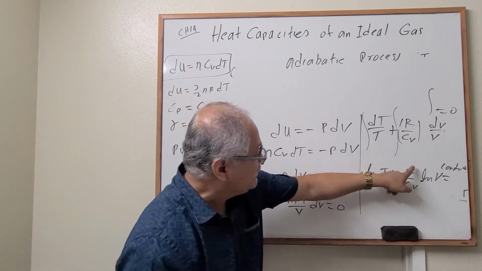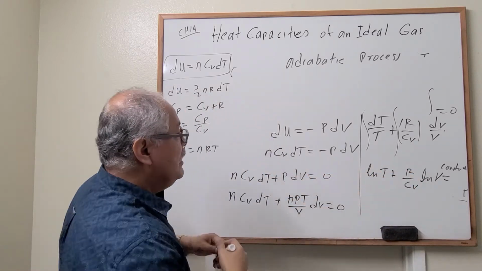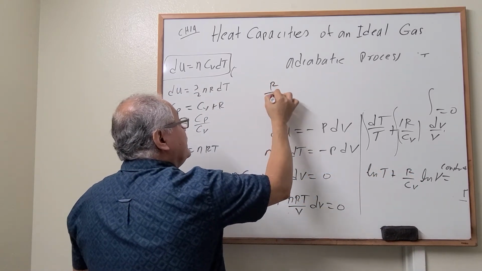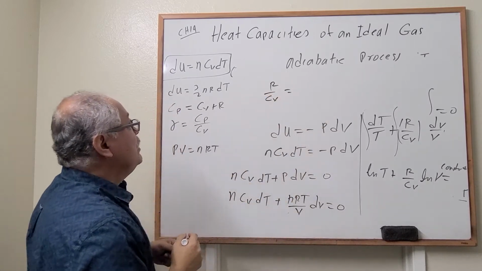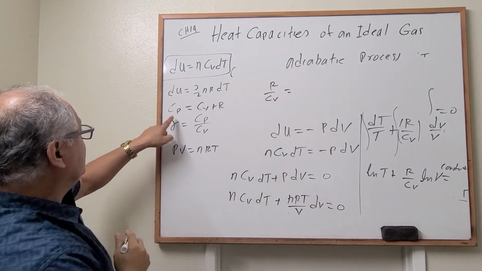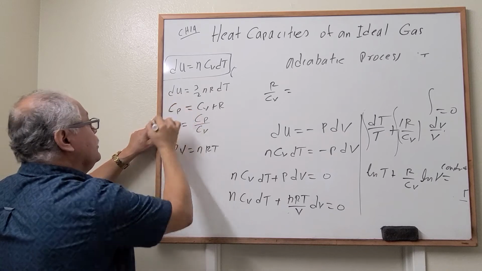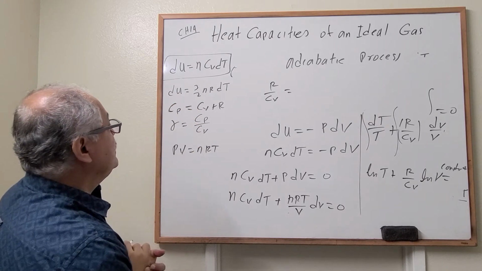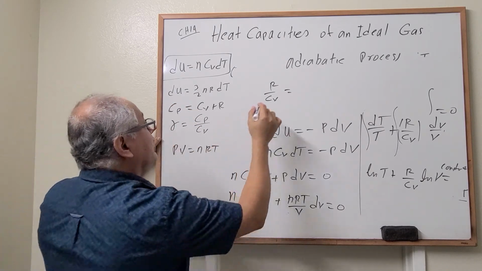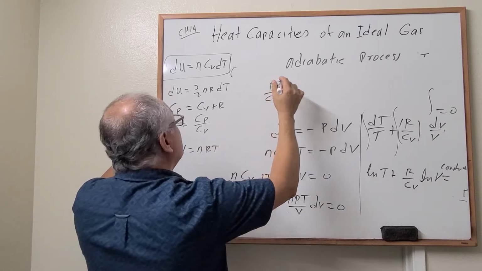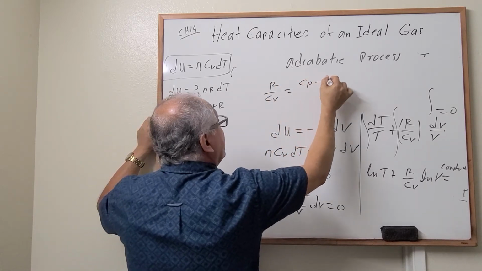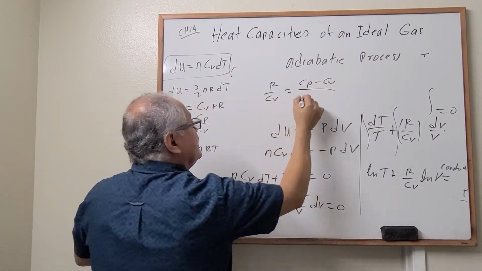Now let's work with this factor. We have R over Cv, and going back to this equation, we found that R is equal to Cp minus Cv, and this stays the same, correct?